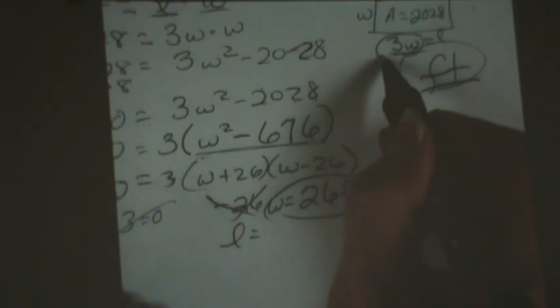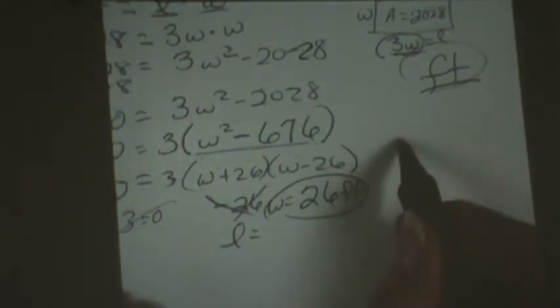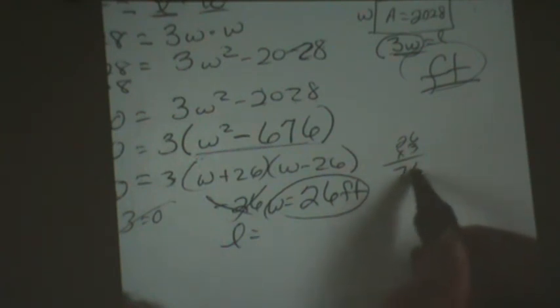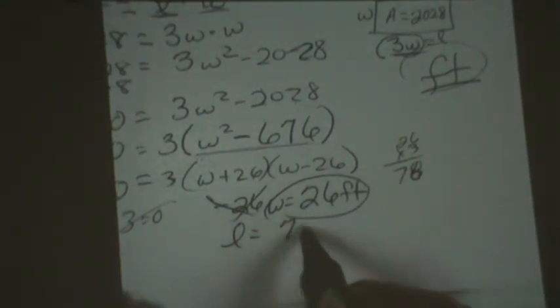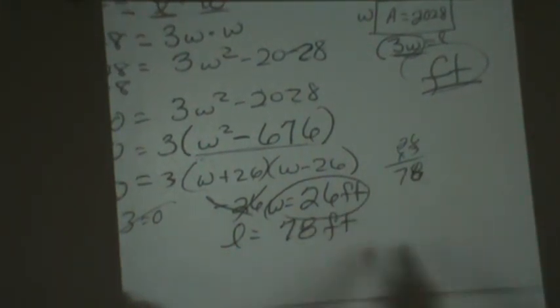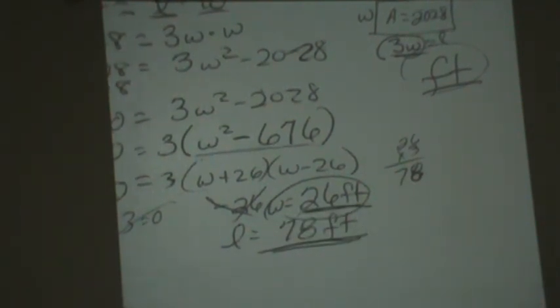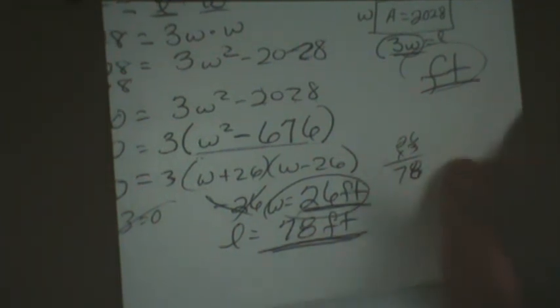And the length is 3 times that. 26 times 3, 78. Okay, so the length is 78 feet. If you multiply those, make sure you get your 2028 back. Because the length times the width gives you your 2028, your area.